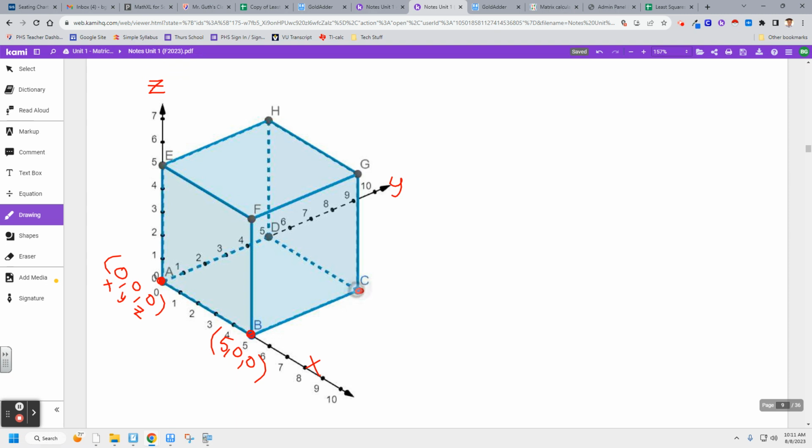This point C is going to be the same level as B, so 5 on the x-axis, but it also goes out to 5 on the y-axis. This has some y depth. It doesn't go up at all. It's still on the bottom of the shape, so the z is still 0.